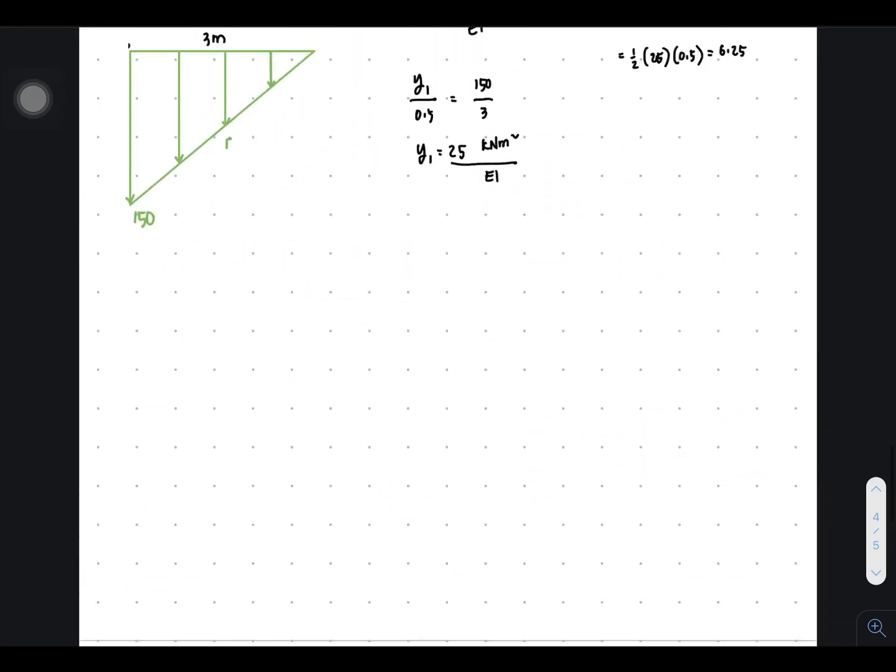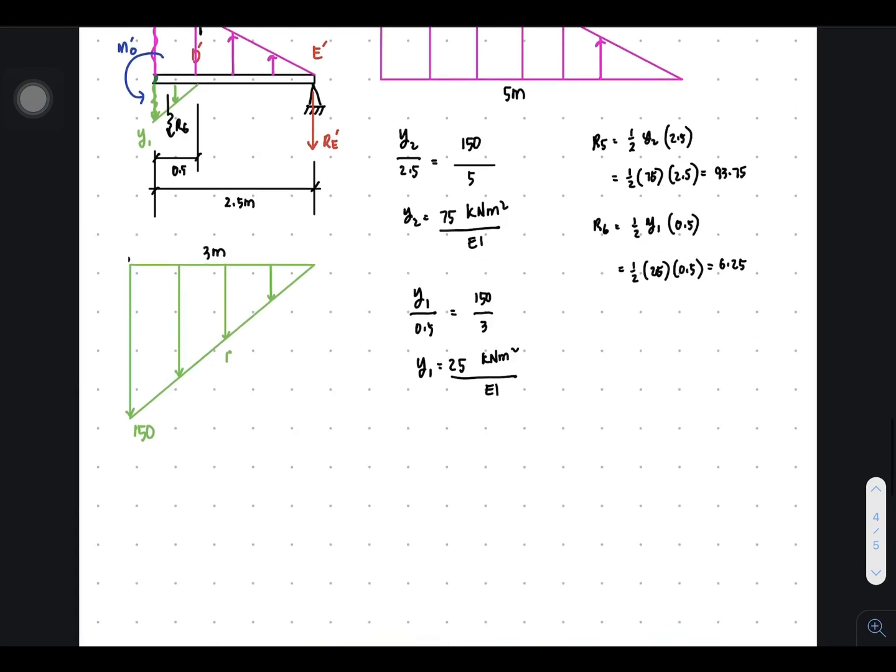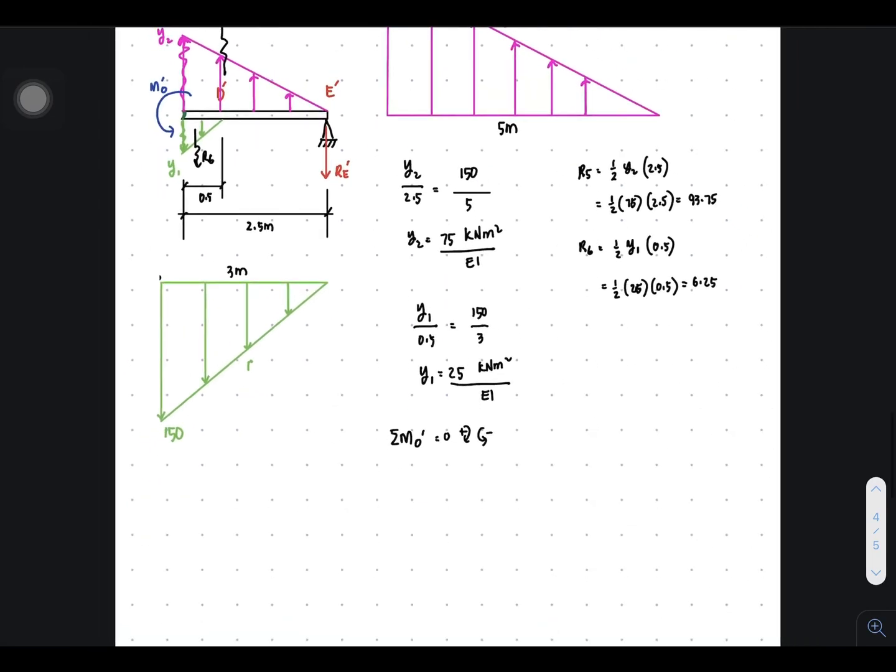Alright, so with that, we can now proceed in doing the summation of moment at point O prime equal to 0, clockwise positive, counterclockwise negative.